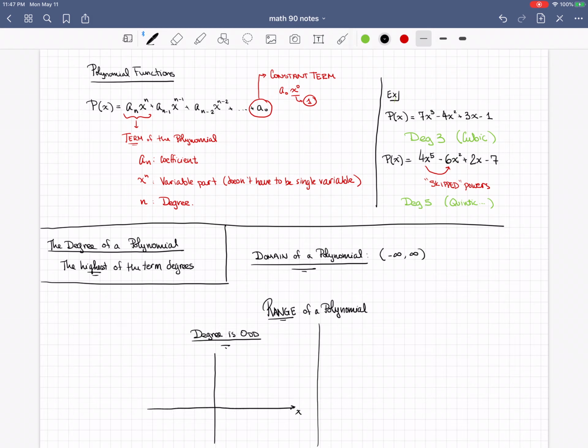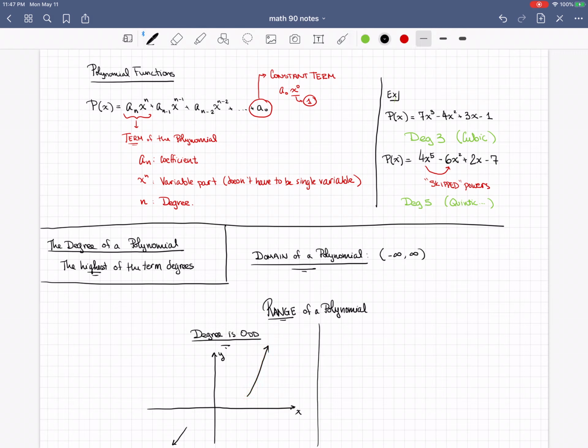But you'll see in a second. It looks like this. On one side, it goes up to positive infinity, like here. On the other side, it goes down to negative infinity.